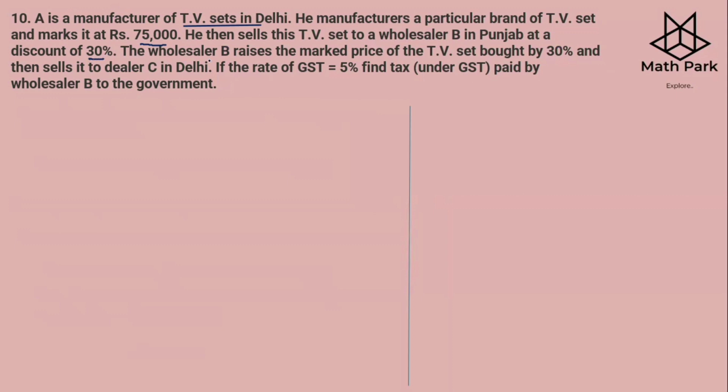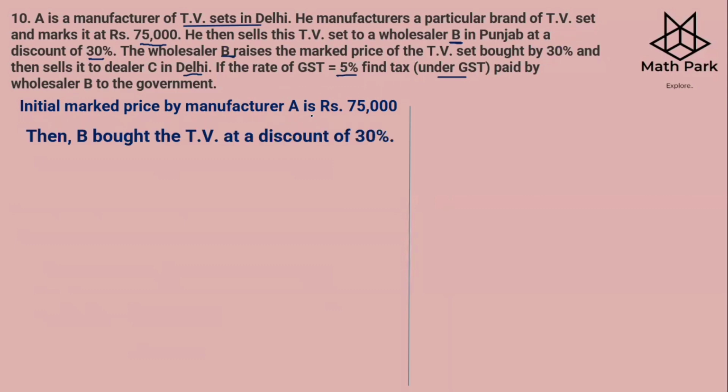The wholesaler B raises the mark price of the TV set bought by 30% and then sells to dealer C in Delhi. If the rate of GST is 5%, find tax under GST paid by wholesaler B to the government. Okay. So the initial mark price by the manufacturer A is 75,000 rupees.